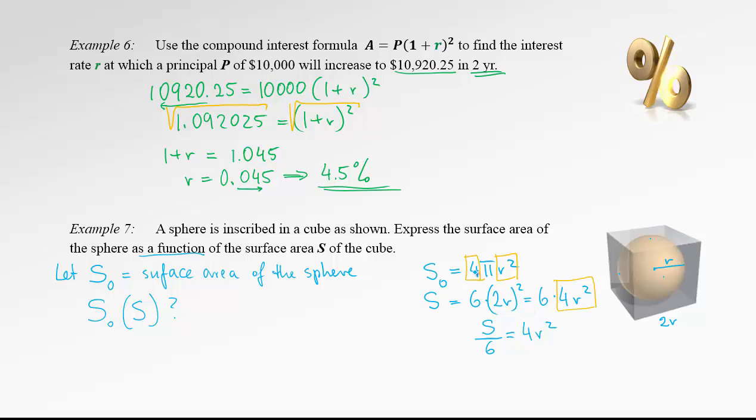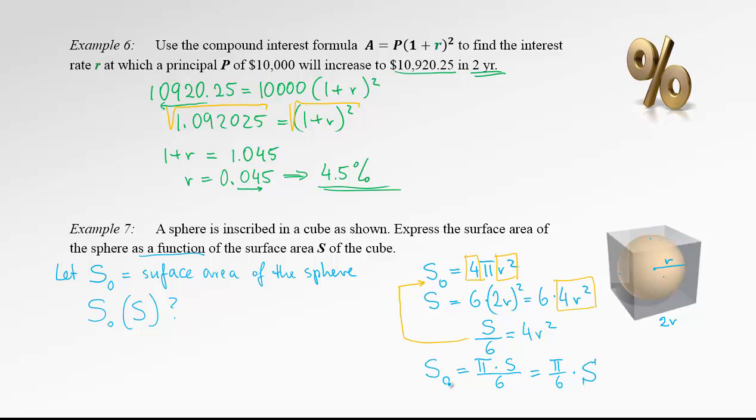And then we can replace the expression 4r squared in the first equation by S over 6. So using the first equation, the surface area of a sphere is the same as, we can copy the pi, and then instead of 4r squared, we can write S over 6. So pi times S over 6, which really means the surface area of the sphere is pi over 6 times the surface area of the cube.